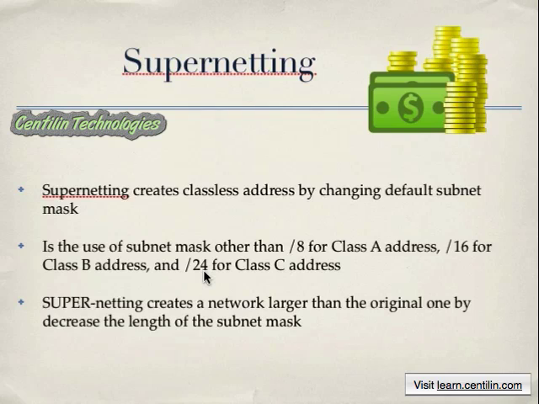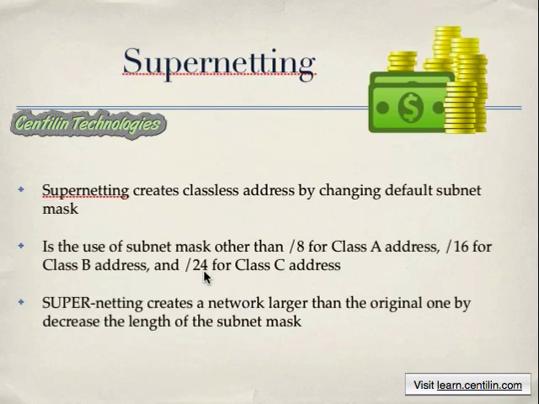So supernetting is the increase in the host addresses that we can use by decreasing the subnet mask.